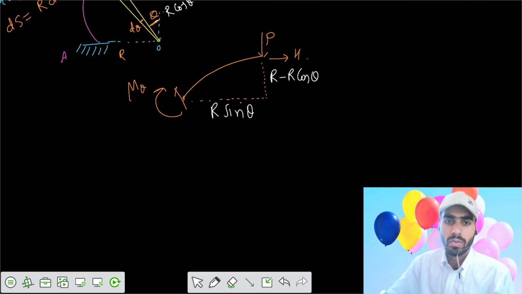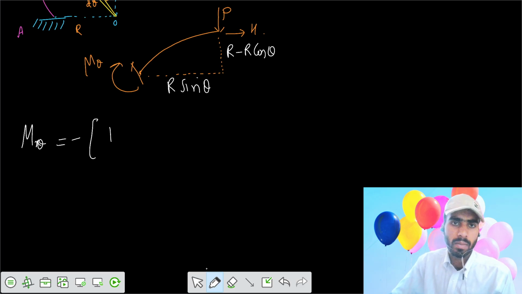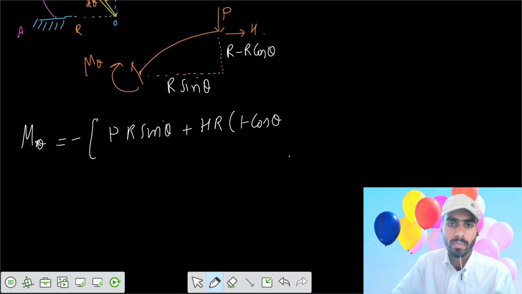Then you say, what's the value of the moment at any x? So we can write the moment at any theta, that's clockwise, that equals minus P into R sin theta, and that's also horizontal, H into R times 1 minus cos theta. But we need two deflections.